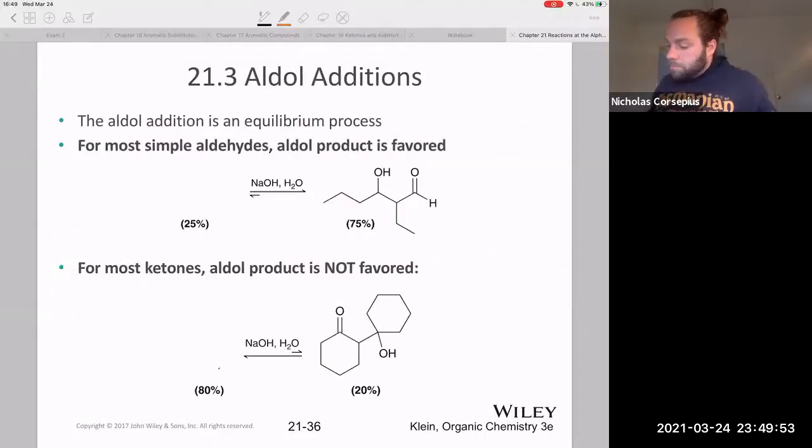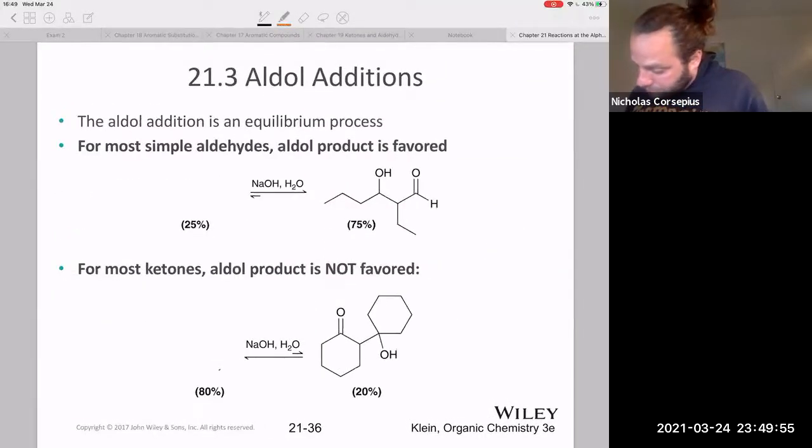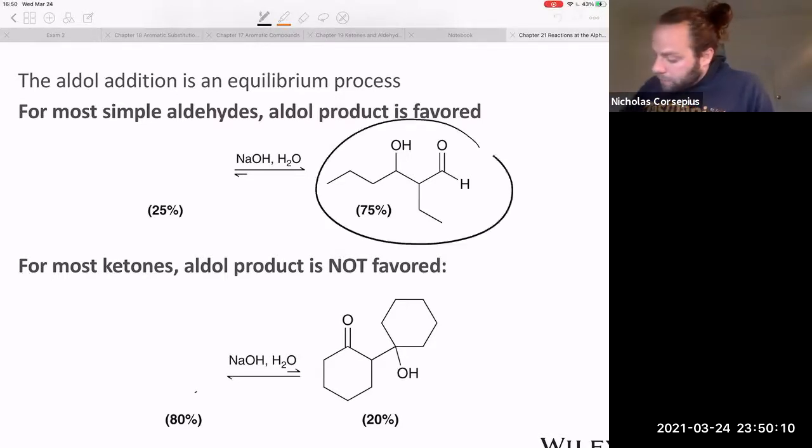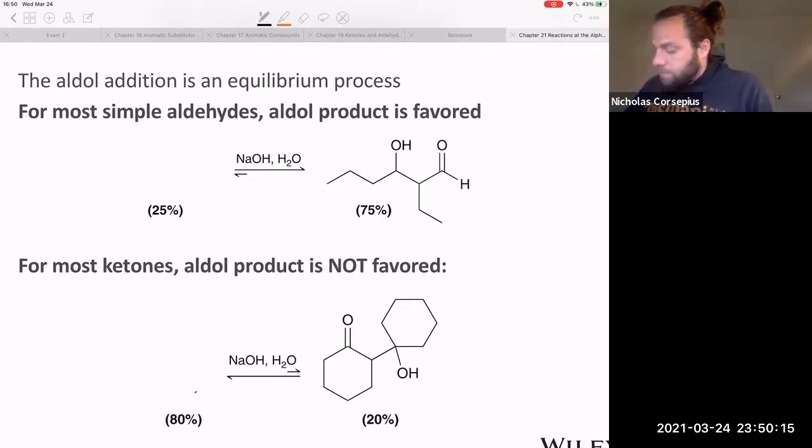Okay, so here's a good example. Let's see if we can work backwards and figure out what our aldehyde that we started with was. This is our aldol. Note that our carbonyl group and the alcohol group are properly spaced.